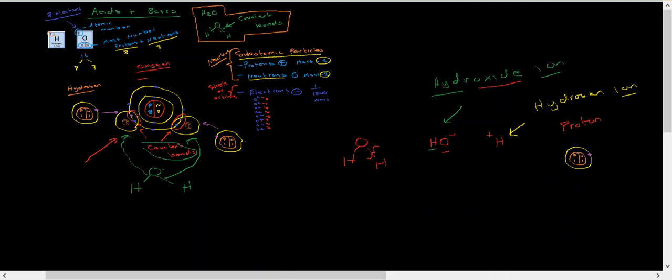So it doesn't have that anymore. So it's just going to have, in the nucleus, one proton. Protons are positively charged, and as a result of this, it'll be positively charged.